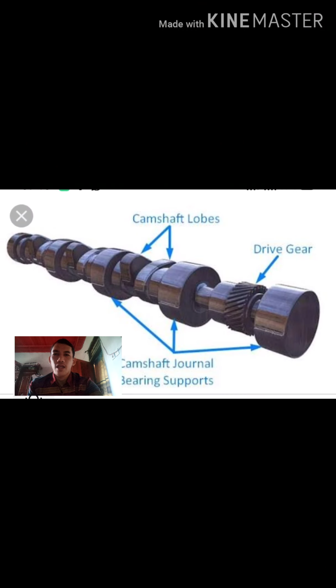Number 6. Camshaft. There are three main functions of the camshaft, namely 1. To open and close the valve according to the ignition timing request or firing order. 2. To drive the fuel pump or gas station. 3.